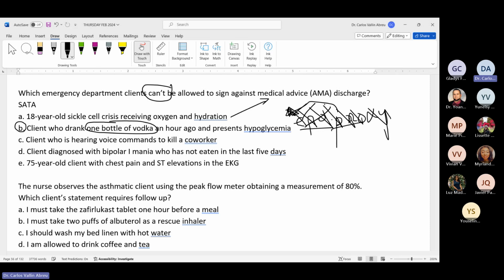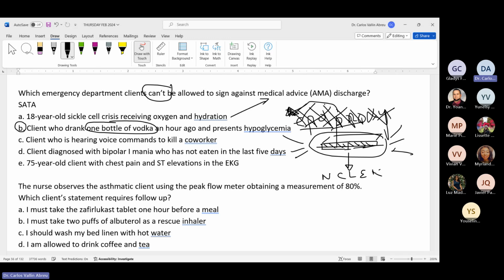If the client has a proxy and the proxy has a durable power of attorney and assumes responsibility for the client legally, theoretically, the durable power of attorney could assume the responsibility of the client and sign for the client. But this is so complicated. Remember that my mind is centered on NCLEX.